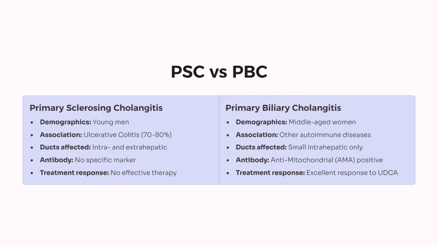Also, PBC has a highly specific diagnostic marker, the anti-mitochondrial antibody. Another key difference is treatment. Unlike PSC, PBC responds very well to ursodeoxycholic acid, which is the first-line therapy and can significantly slow disease progression.